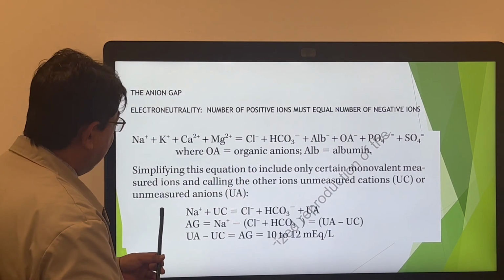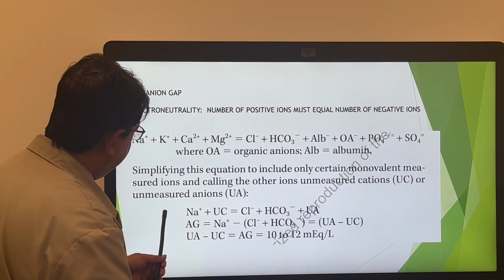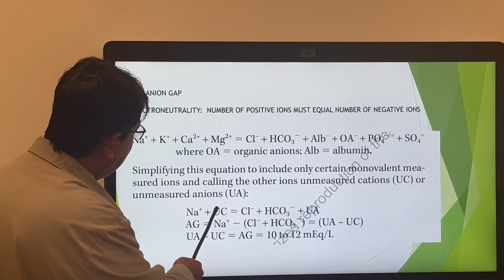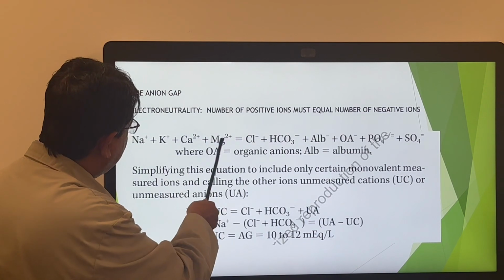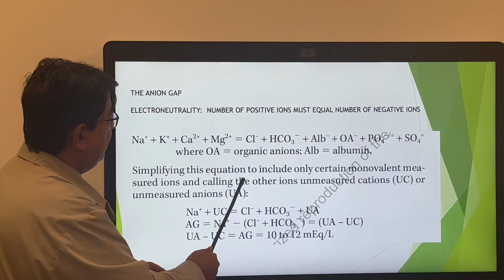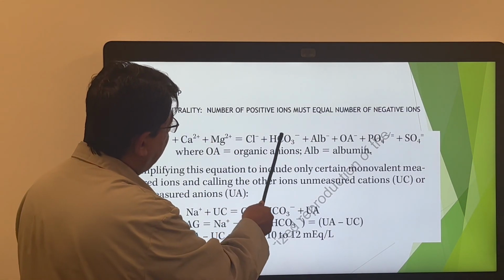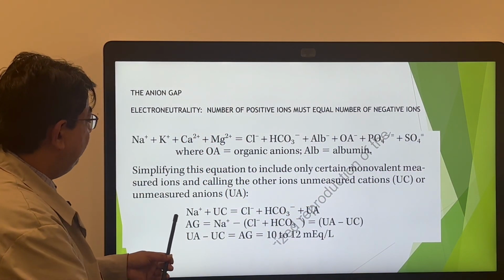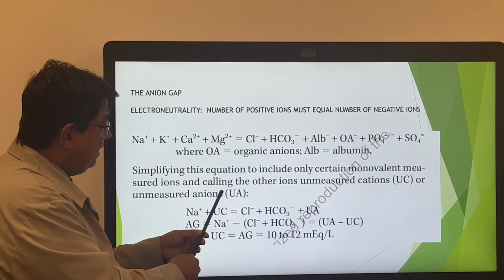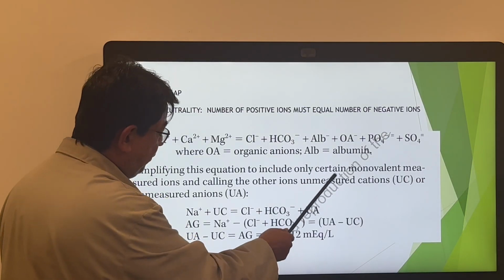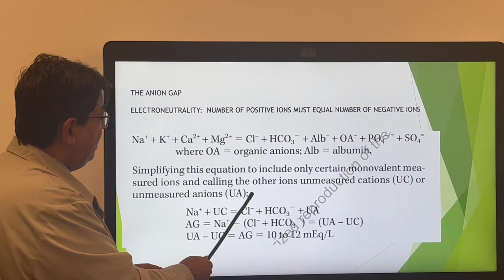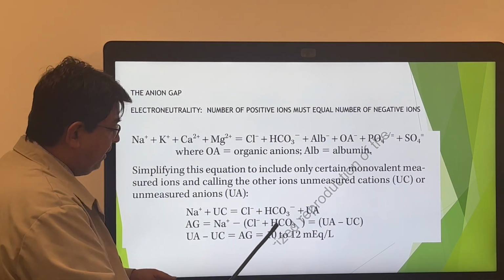So simplifying that, you would just say that sodium plus the unmeasured cations, because all these cations are unmeasured, is equal to chloride plus bicarb plus the unmeasured anions. Now we all know that the anion gap is sodium minus chloride plus bicarb.